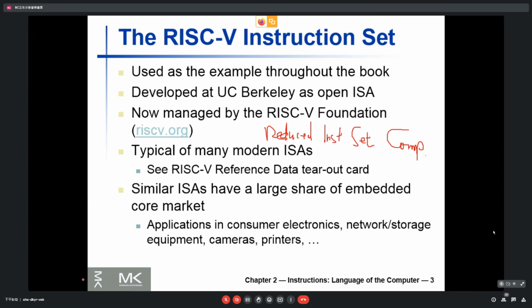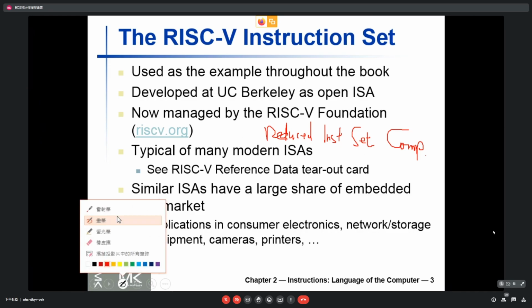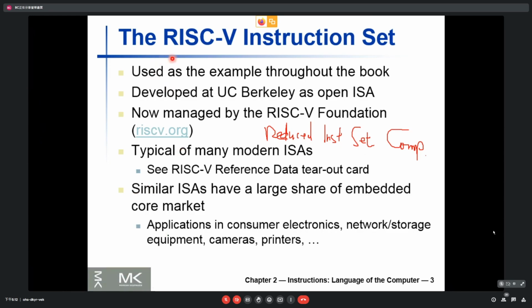RISC-V means the fifth generation, 这是罗马数字的第5代的意思啊，V 是5嘛，对不对？So usually we call it the RISC-V instruction set.